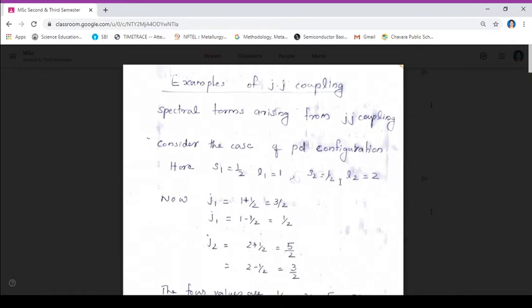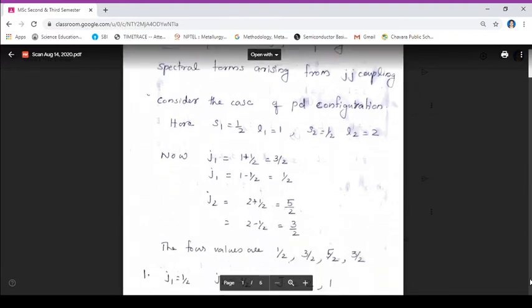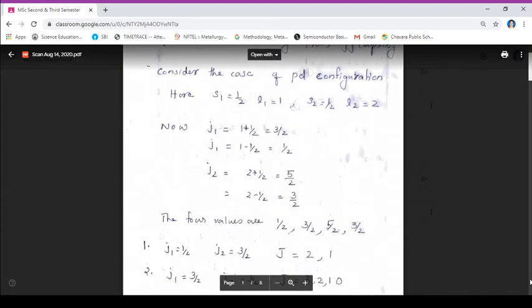Similarly for J2, 2 plus half gives 5 by 2, 2 minus half gives 3 by 2. So 4 values are possible: 1 by 2, 3 by 2, 5 by 2 and 3 by 2.